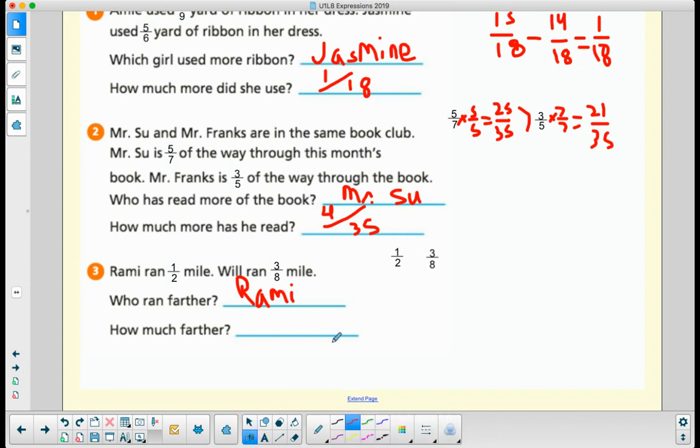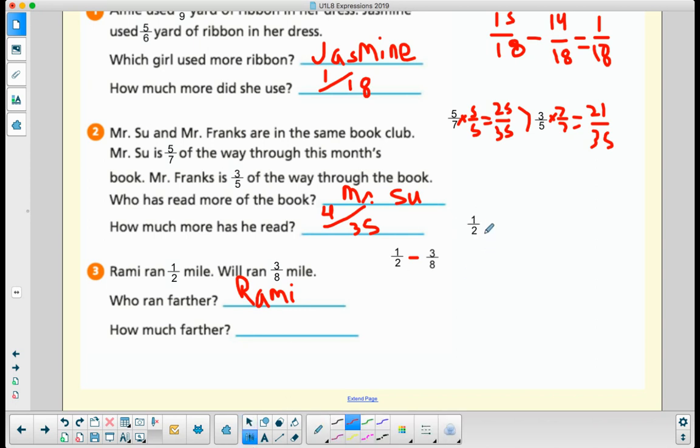Now, that really didn't save me much time because as I look, I still need a common denominator. But what I do notice is I only have to change 1 because 2 is a factor of 8. All right? So I only have to change 1/2 into 8ths.